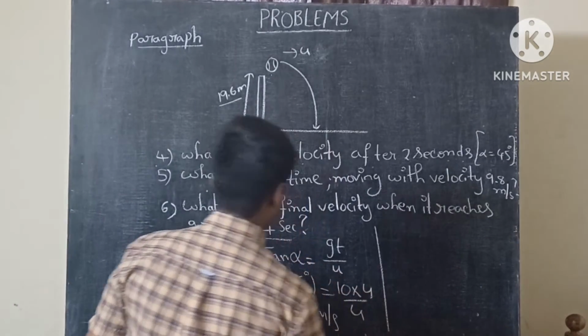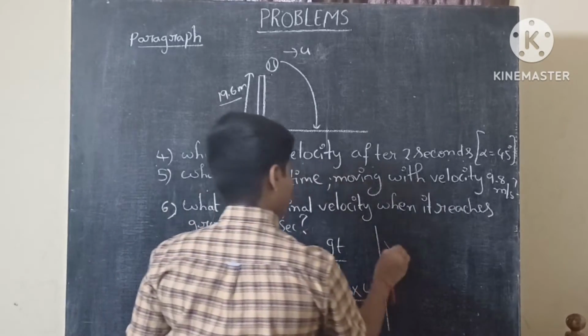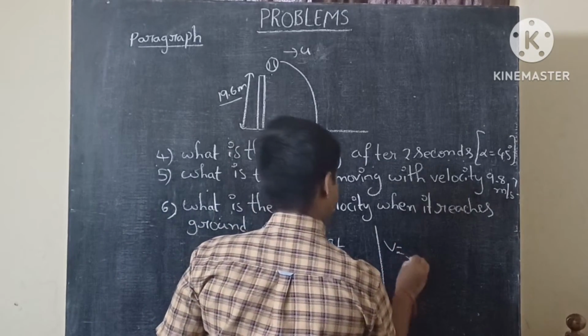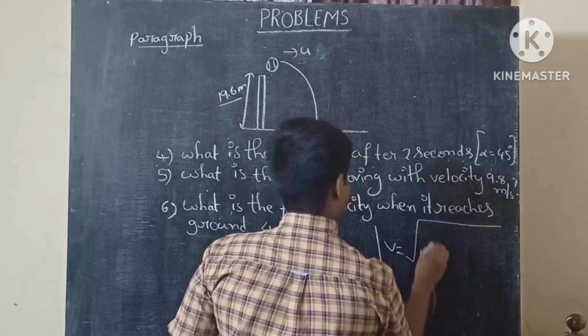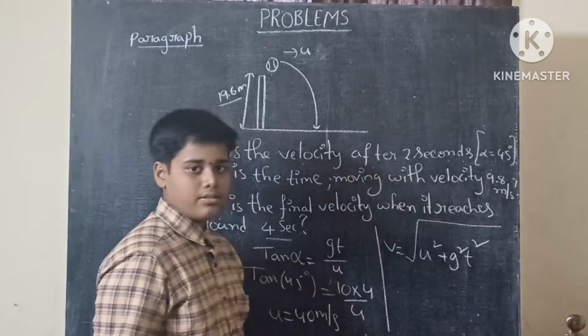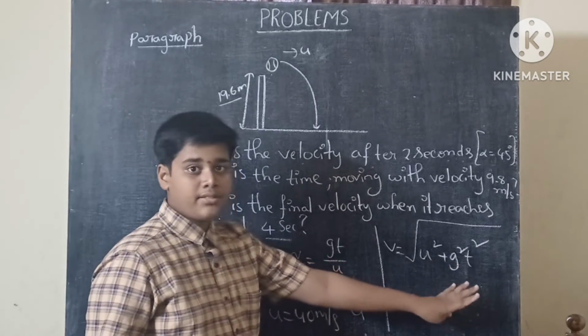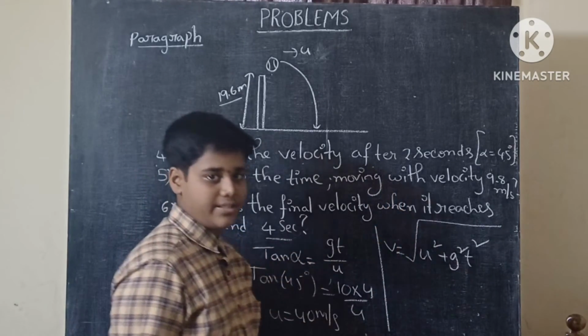So keep it aside. What is the final velocity they are asking? v equals root over u square plus g square t square. This is after time t. And u square plus 2gh is after displacement h.